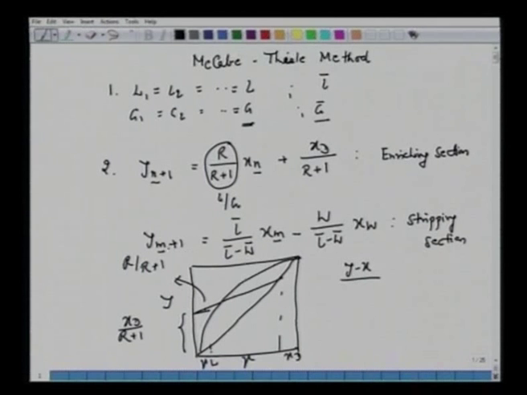Similarly, we can draw the equation for the stripping line, which is also a straight line with slope L bar over G bar, or L bar over L bar minus W bar, and with some intercept. We said that this line passes through the 45-degree line where y equals x, and similarly the stripping line also passes through the y equals x line at y equals xW.